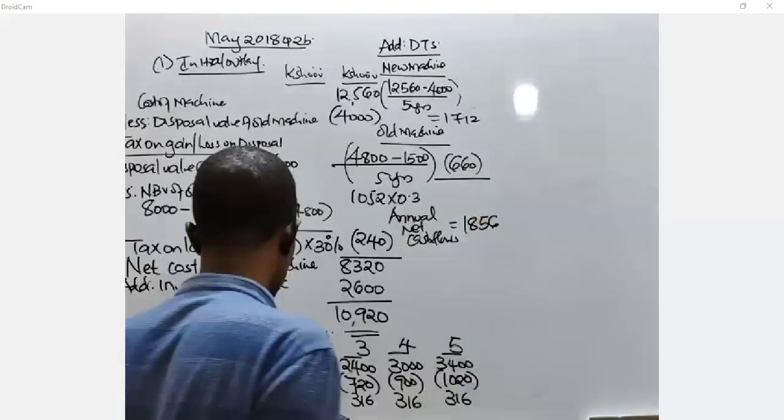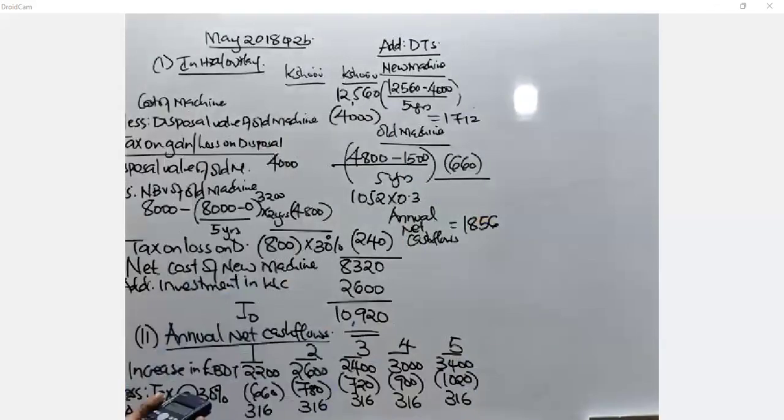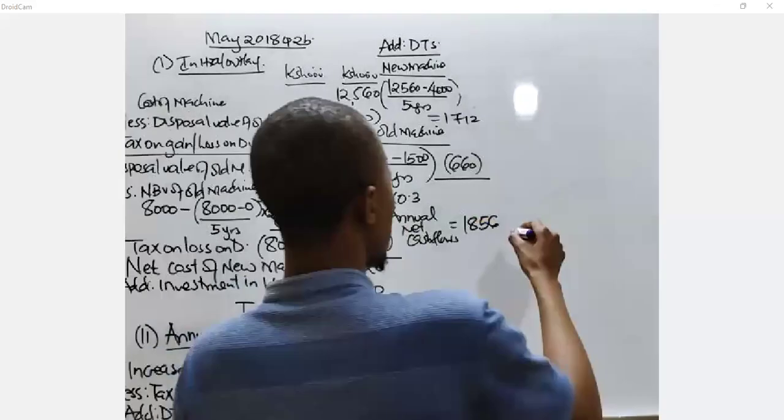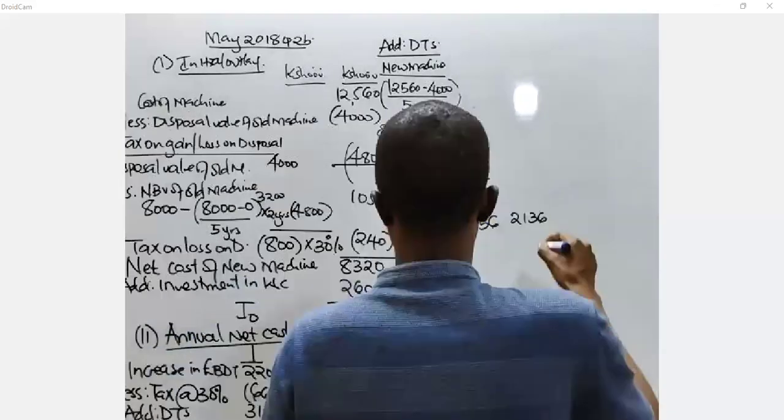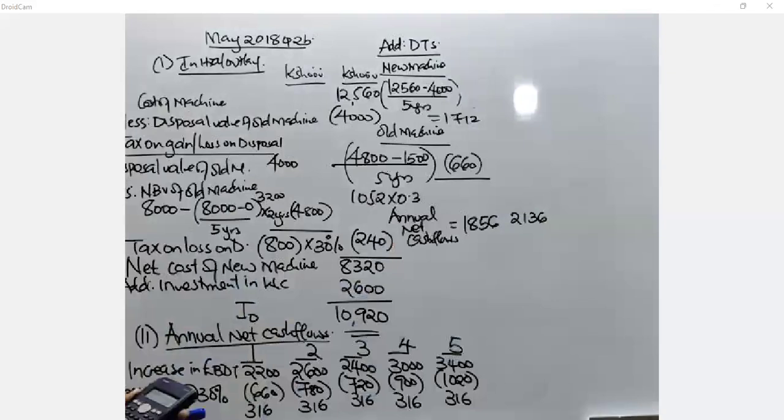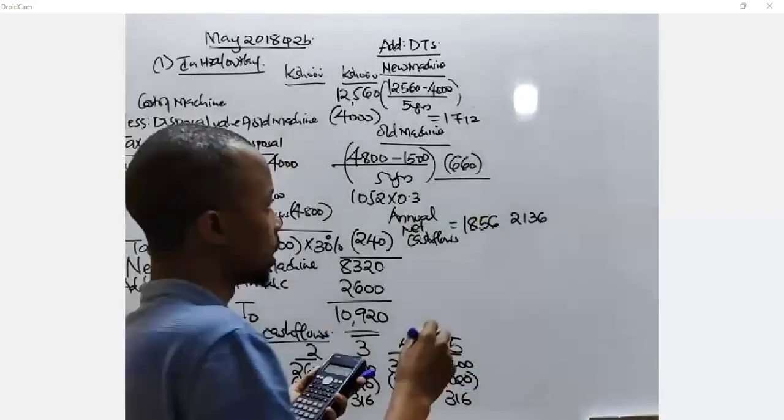The second year will be 2,600 minus 780 plus 316, getting 2,136. The third year will be 2,400 minus 720 plus 316, getting 1,996.